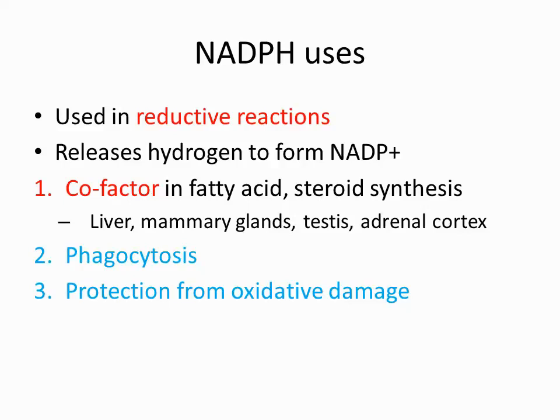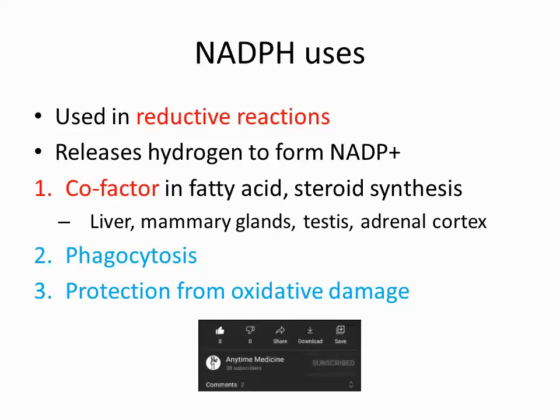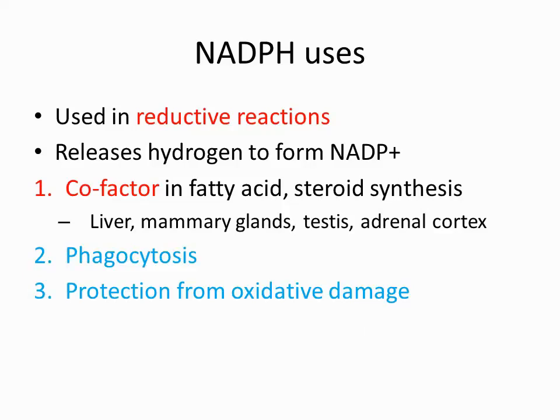It is used in reductive reactions, not only in the HMP shunt but anywhere in our body. It releases the hydrogen from NADPH, and it will form the NADP plus form. Other than that, it is the cofactor for fatty acid and steroid synthesis, which occurs in liver, mammary glands, testes, and adrenal cortex. Other than that, it will be used in phagocytosis and protection from oxidative damage that we are going to see both in the next slides.